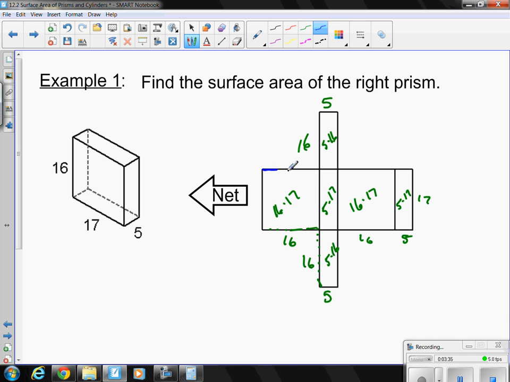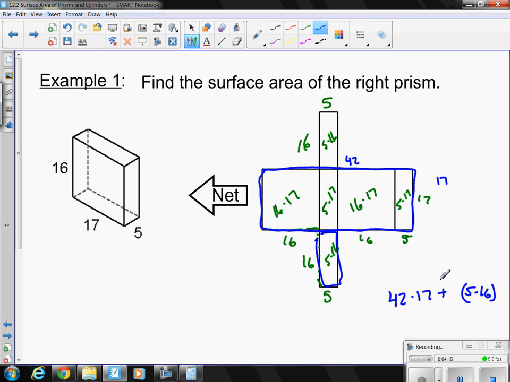I look at this, and how I would do it is I would find the area of this box here. The area of that box is going to be 16 plus 5 plus 16 plus 5, or 42. That side length's 42. This side length is still 17. So it'd be 42 times 17, plus I still need to find the area of these two boxes, 5 times 16, but I have how many of those?